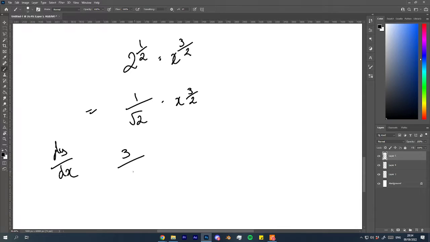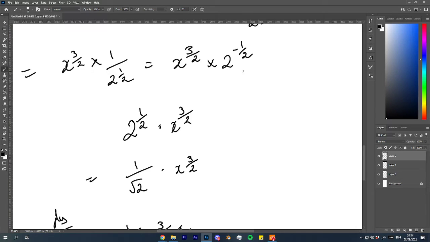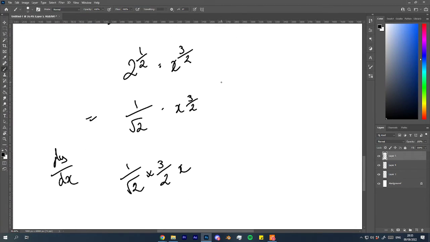Let me just write that again. In fact, yeah, we can simplify that because it's being multiplied. Yep, so that becomes 1/2. Yes.